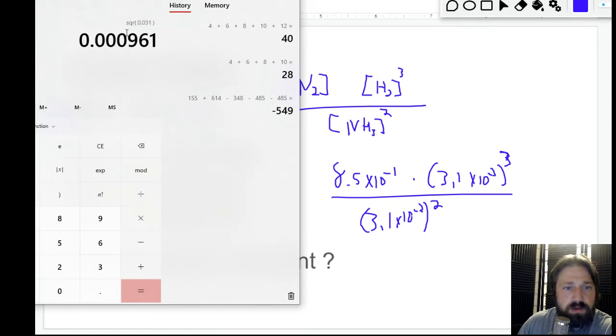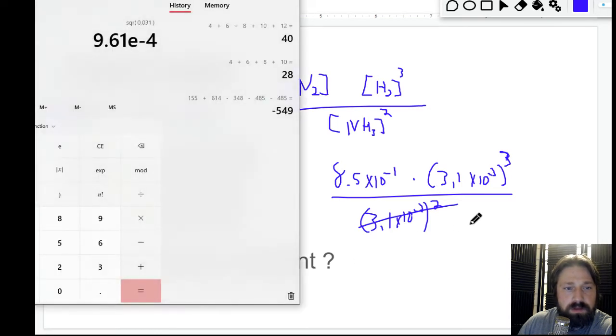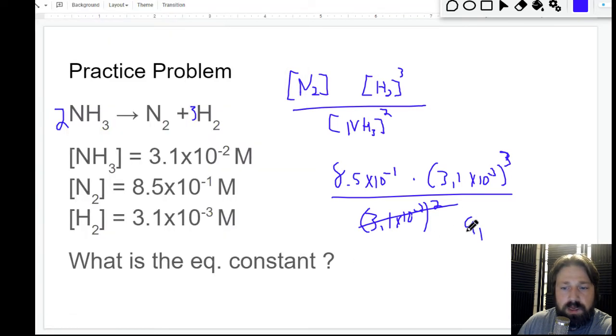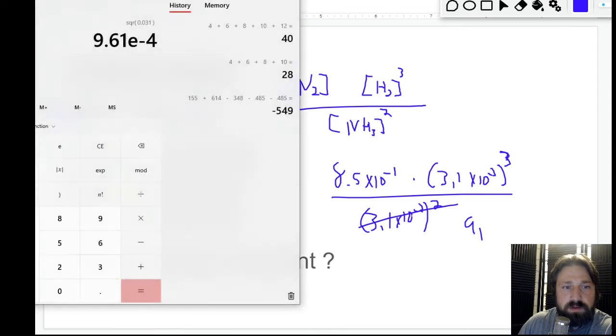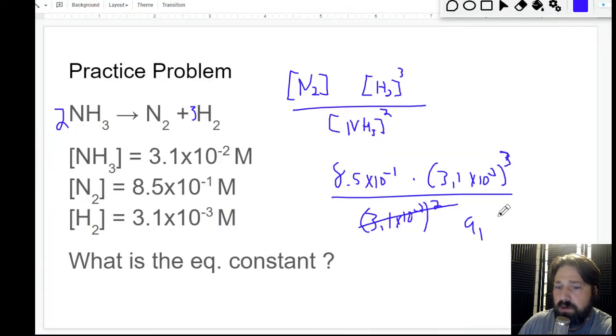All right, if we did that, then we get 9.61 times 10 to the negative fourth.